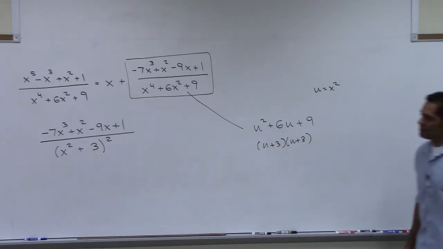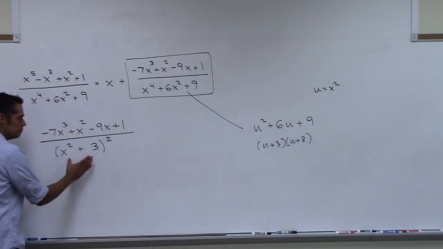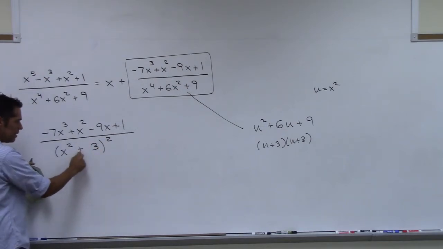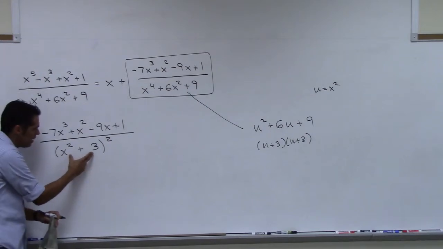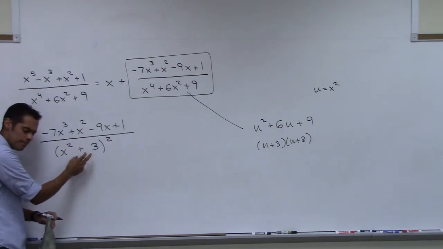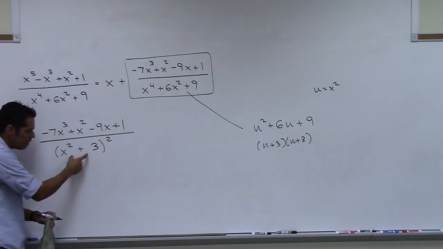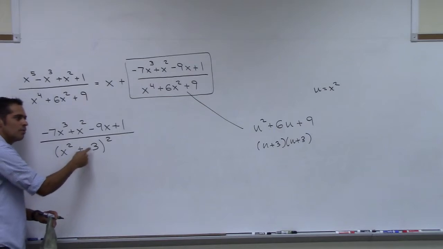All right, what are we looking at over here? That cannot factor anymore. x squared plus 3 is not a difference of squares. If it was a difference there, we could break it down more, but it's not. So this x squared plus 3 is an irreducible quadratic, but it's repeated. Irreducible quadratic repeated.